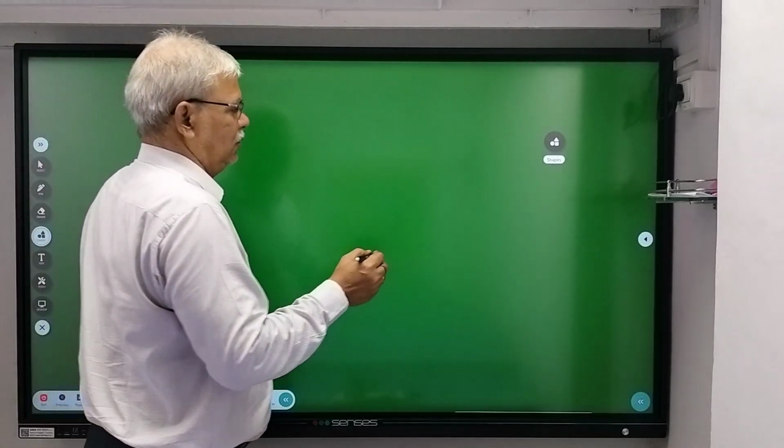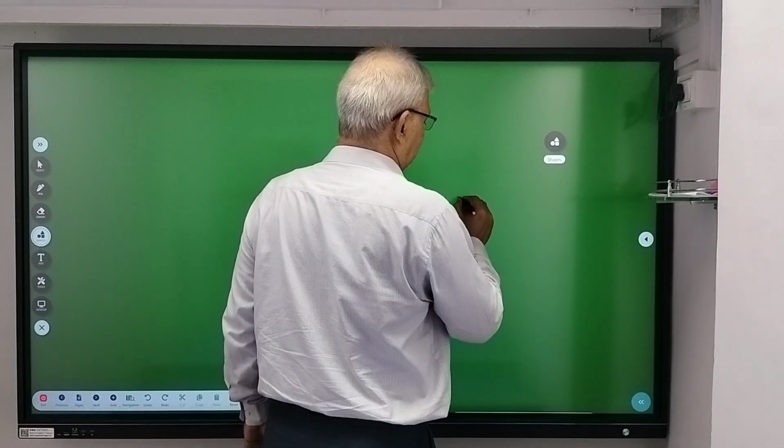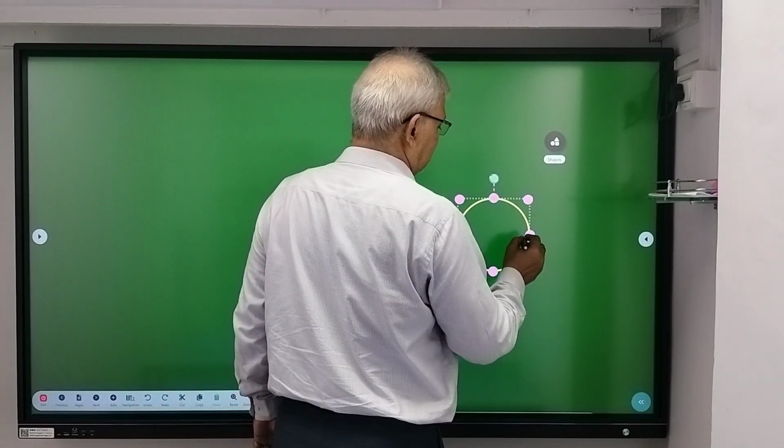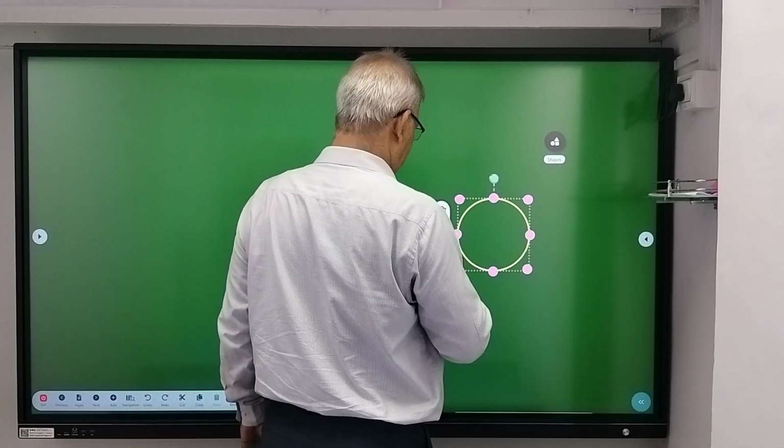Explain the potential energy. Now see here, suppose this is your earth.